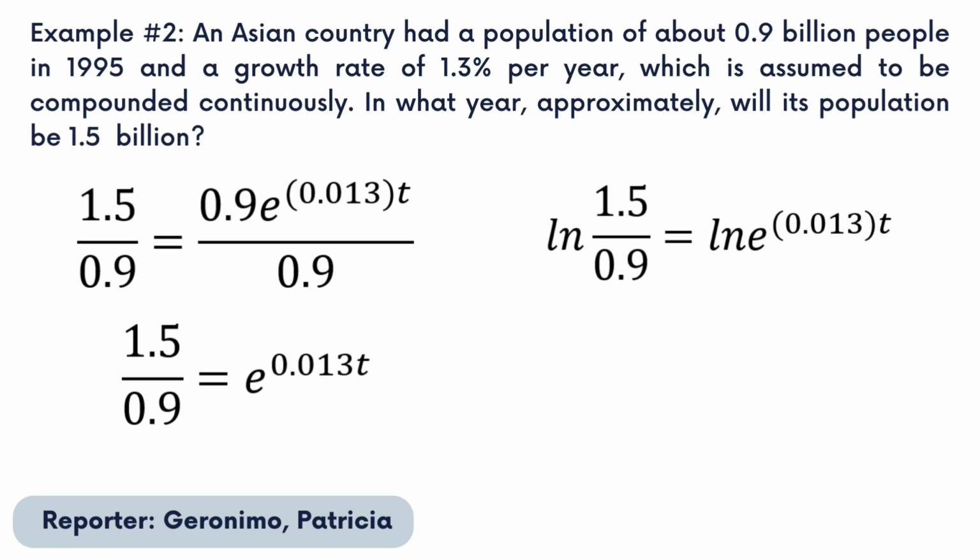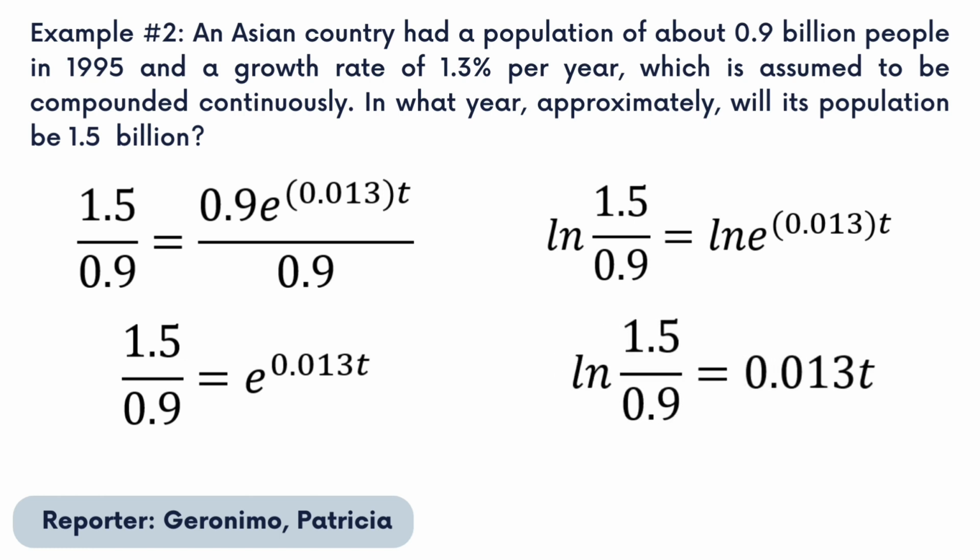And we will be having ln of 1.5 over 0.9 is equal to ln e raised to 0.013 multiplied by T. We all know that ln e is equal to 1, so let's just cancel out and we will be having ln of 1.5 over 0.9 is equal to 0.013 multiplied by T.